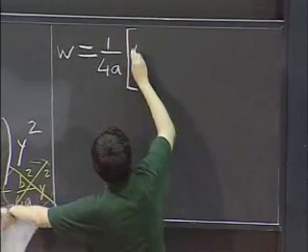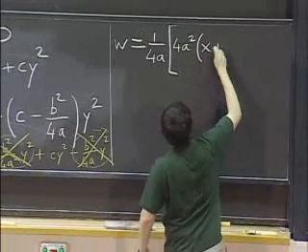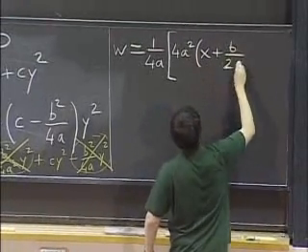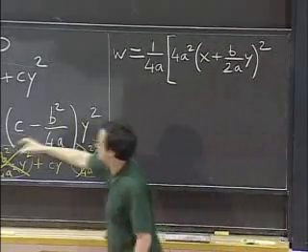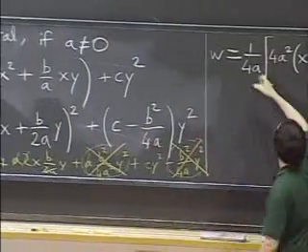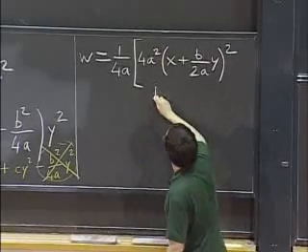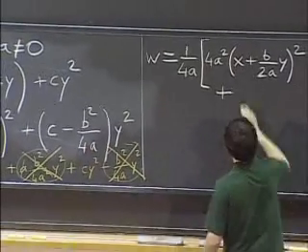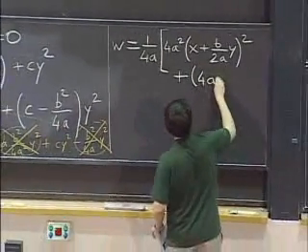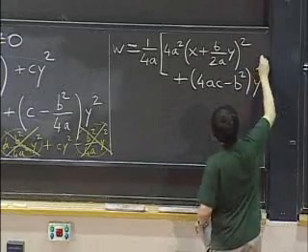I'm going to put 4a squared times (x plus b over 2a y) squared. So far I have the same thing as here. I just introduced a 4a that cancels out. Plus, for the other one, I'm just clearing the denominator. I end up with (4ac minus b squared) times y squared.